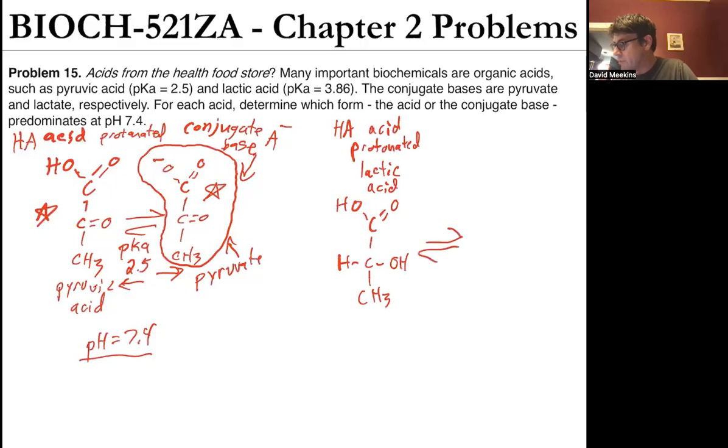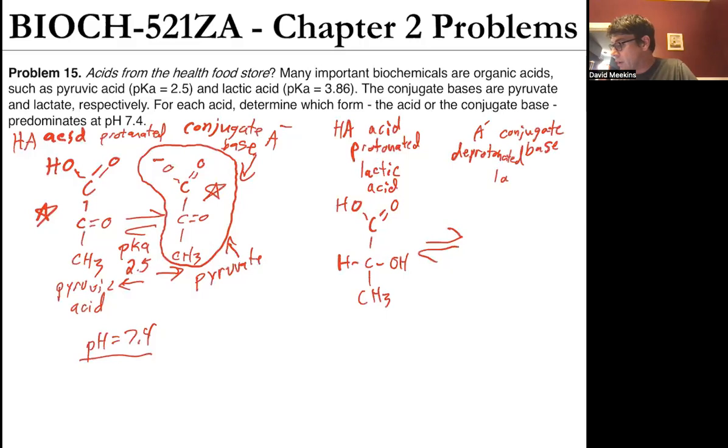This is going to be reversible with the A minus form, the conjugate base, the deprotonated form. You do need to understand what each of those terms means. A minus is the conjugate base, deprotonated. HA is the acid, the protonated form.